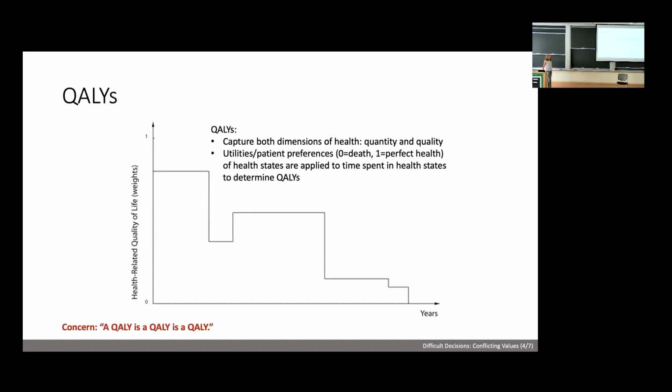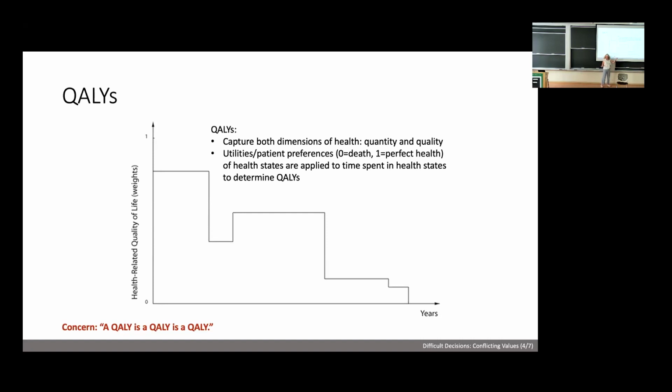And so now once we have these utility values for a specific health state, you can map it all out, right? So you can start at day 0, and maybe this particular person is not in perfect health, like say today. Maybe I have osteoarthritis, and so I'm at whatever, 0.7, something like this.